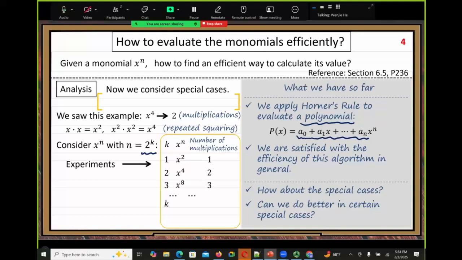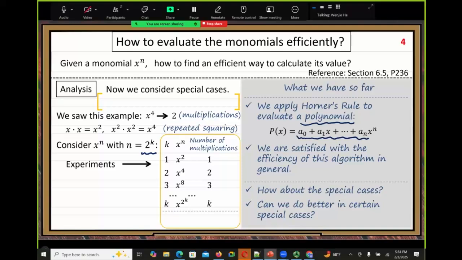For a general k, we need to calculate x to the 2 to the kth. How many multiplications? By induction, we can see the rule easily: you have k multiplications. Then the conclusion.